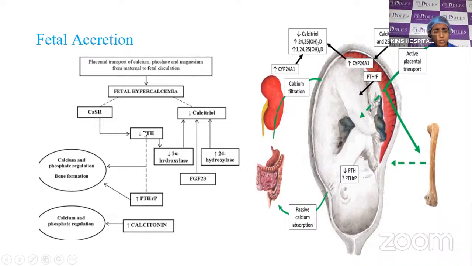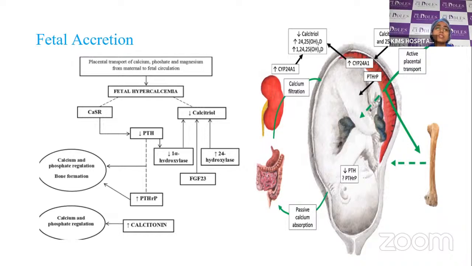Normally, parathyroid hormone increases the reabsorption of calcium and causes resorption of bone, so it mobilizes the calcium in the bone and increases the calcium level in the blood. So decreased parathyroid hormone causes calcium and phosphate deposition in the bone.